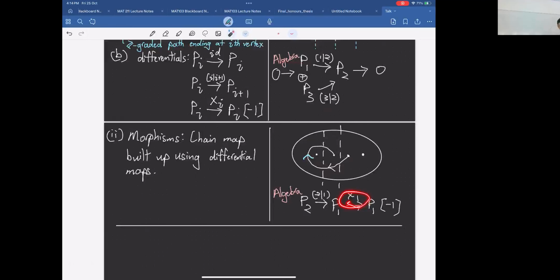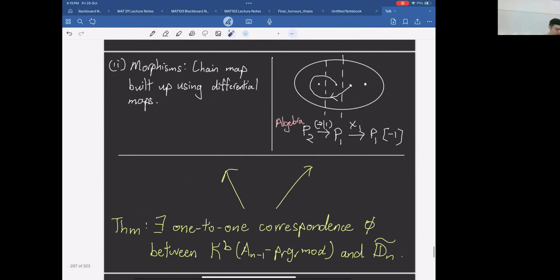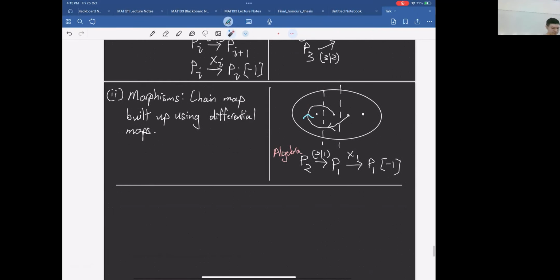When we attach the loop map here, we decrease by a degree. Sorry to mention about the morphisms in our category: they are just chain maps, using the differential map. So yes, these are the differentials.